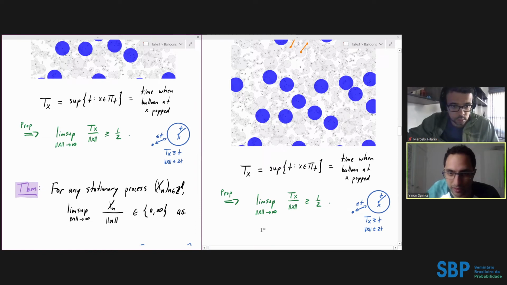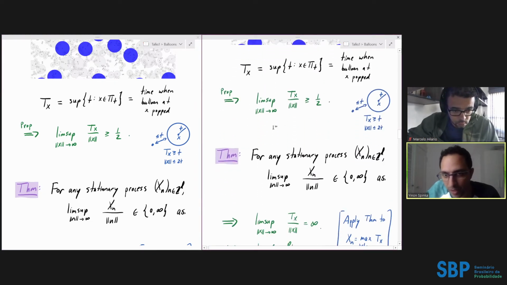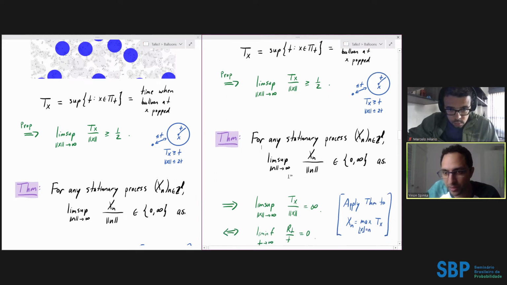Let me just show how this completes the proof of recurrence in R^d. We already know that the lim sup of this process, T_x over the norm of x, is at least 1/2. If you apply this theorem now, technically you need to make it indexed by Z^d, so you look at a maximum on a cube, but this is just a small technical detail.